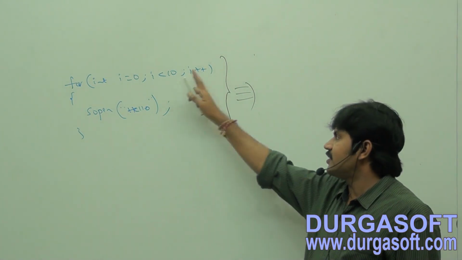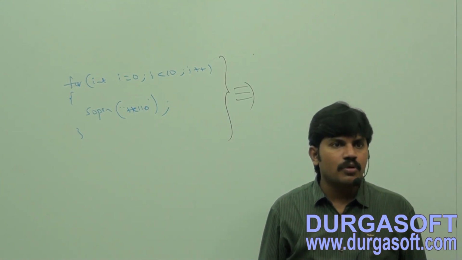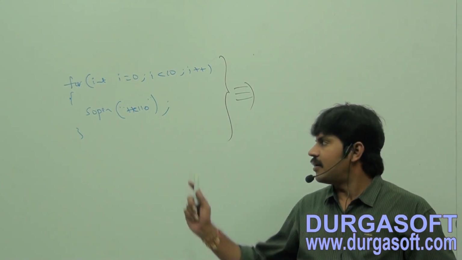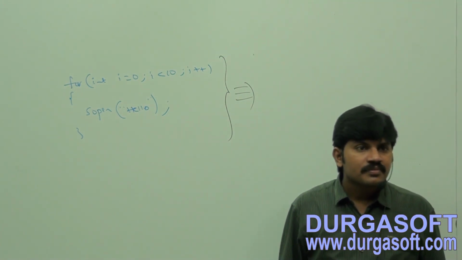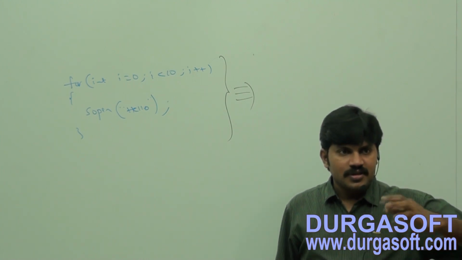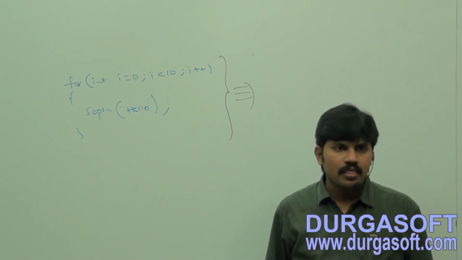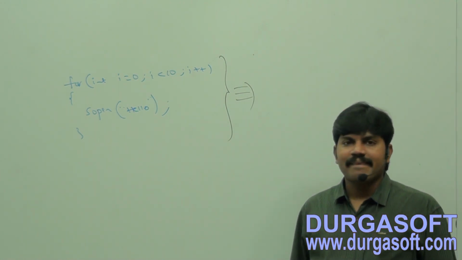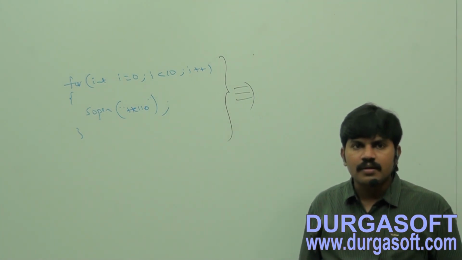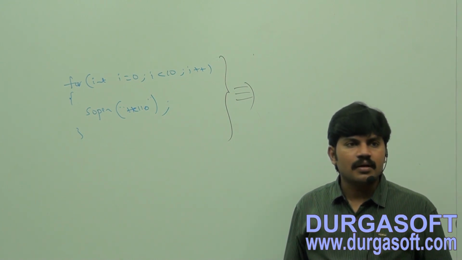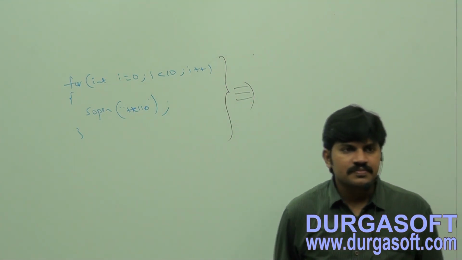Can you please write an equivalent for each loop? Just now you told for each loop is the best. For each int i : 10? How can I write an equivalent for each loop?